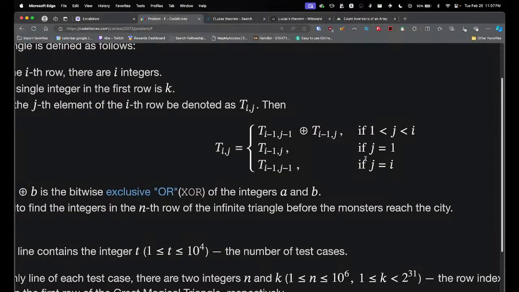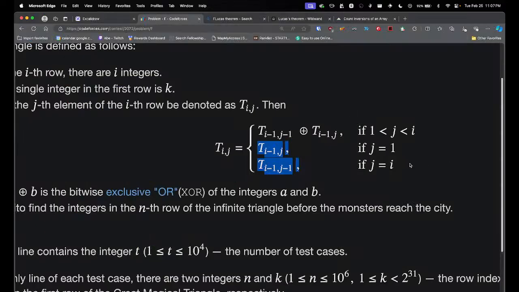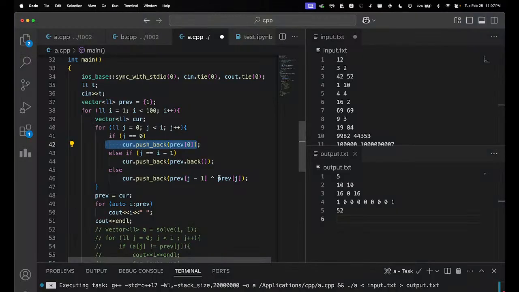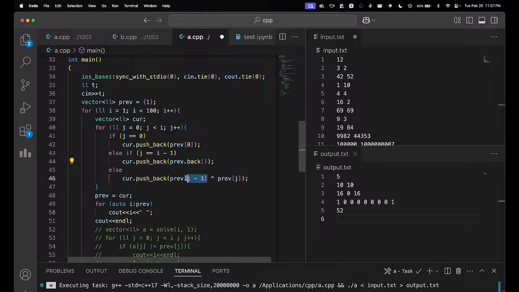If j is 0, I just copy the 0th part. If j is i, I copy j minus 1, which is curr.back, and in all the other cases j minus 1 XOR j. So I'm literally brute forcing and I'm printing the answer.